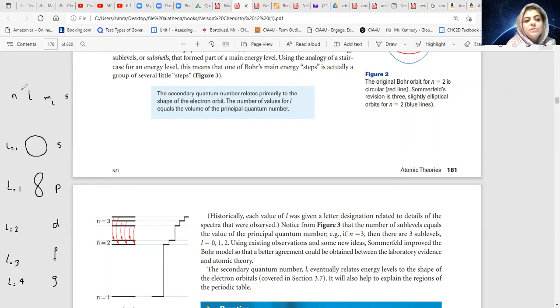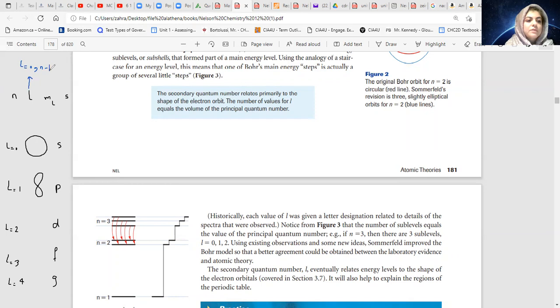Now, what is the relationship between l and n? l is from 0 to n - 1.